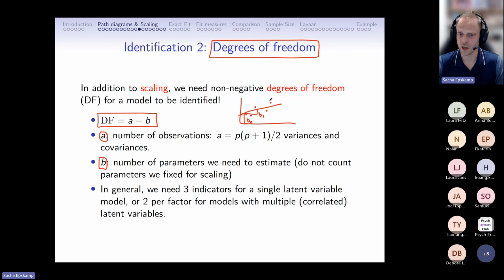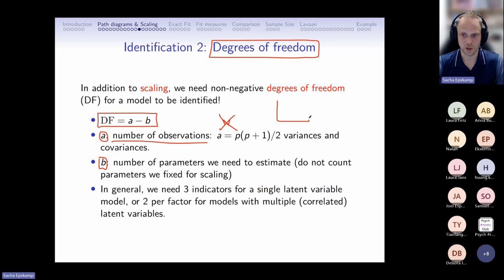That's what we normally get in the regression model, but now we're not doing this. We're not looking at individual data points. We're looking at variances and covariances, so we're trying to match our parameters to the variances and covariances. So the number of observations now is not n, not the sample size. It is the number of variances and covariances we have in our data.